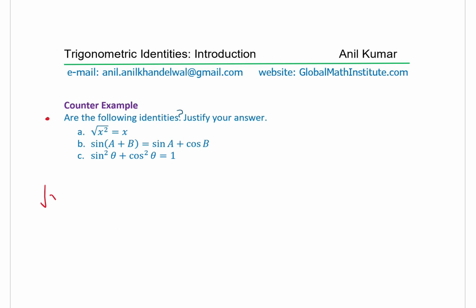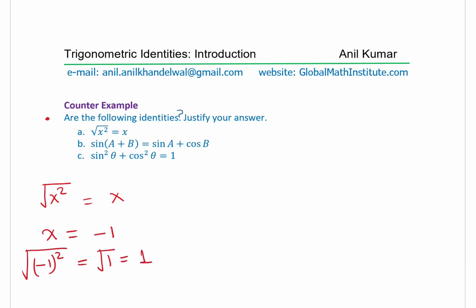We have square root of x squared equals x. Now if you try most values, you will get the right result. However, if I say that x equals minus 1, for example, in that case, square root of (minus 1) squared is what? That is equal to square root of 1, and this is equal to 1.